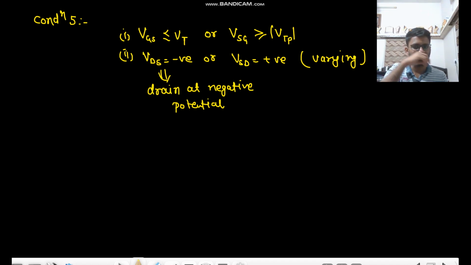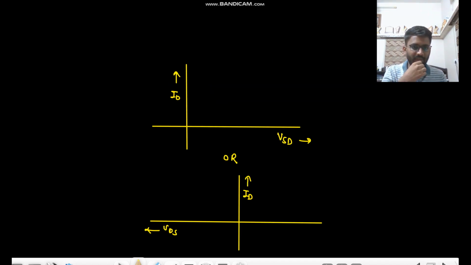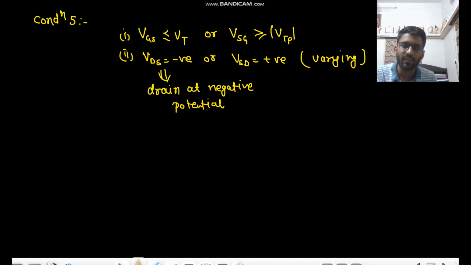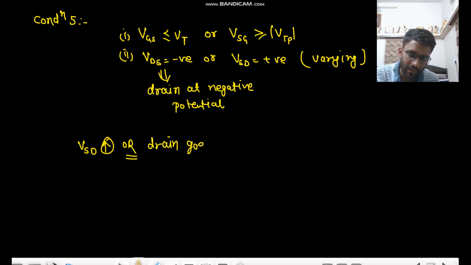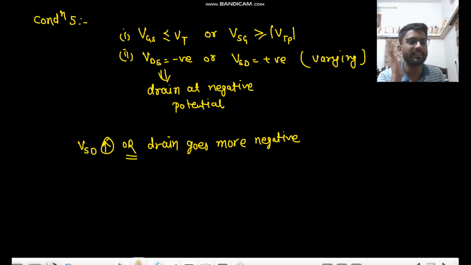If VSD increases, or we can say the drain goes more negative, let us assume the drain is -3.